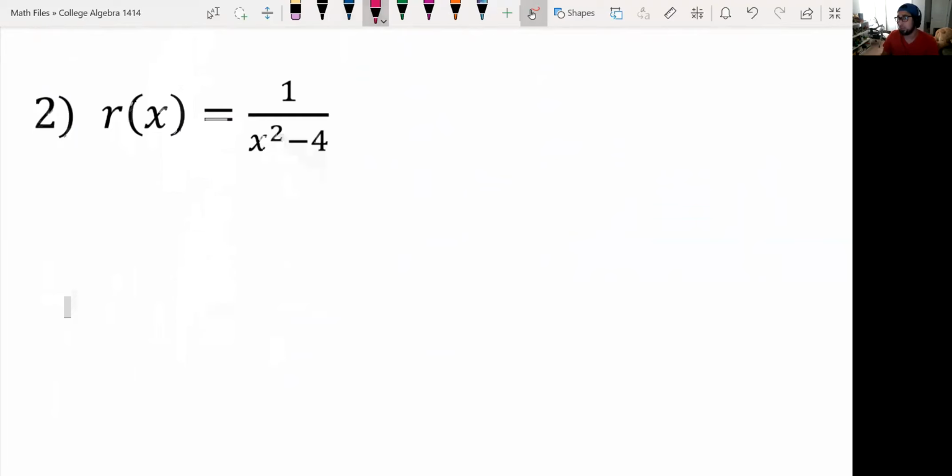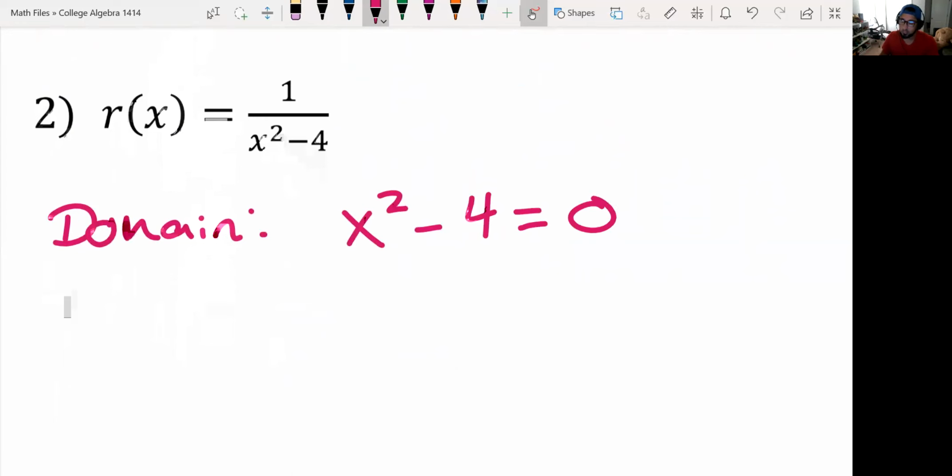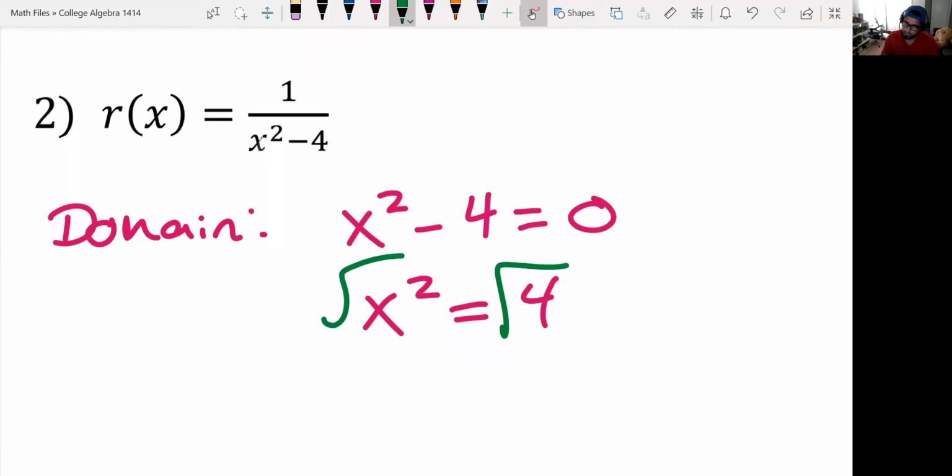Same exact process. These are all rational functions on this page. So for this domain, we take the denominator and set it equal to 0. We can solve this using the square root method. You square root both sides, and we'll get x cannot equal ±2.